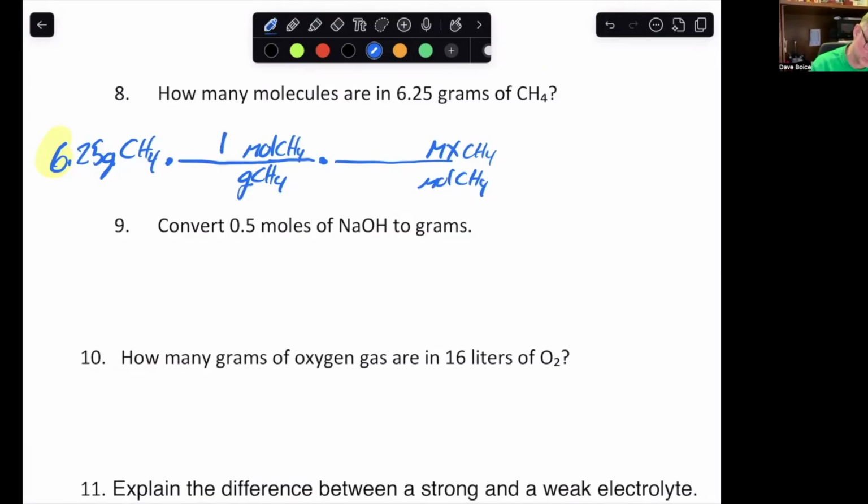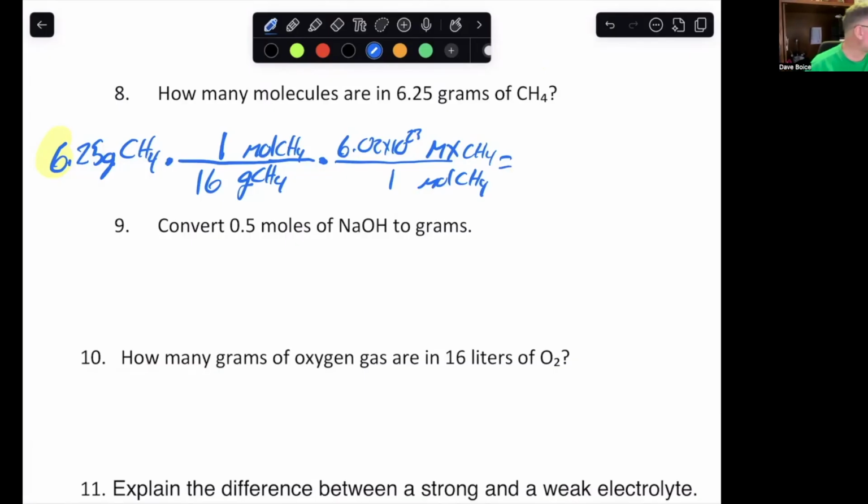And so 1 mole of CH4 is just 12 plus 4 hydrogens, which are each 1. So 12 plus 4, I've got 16. Okay, and 1 mole of CH4 or anything else is composed of 6.02 times 10 to the 23rd things.